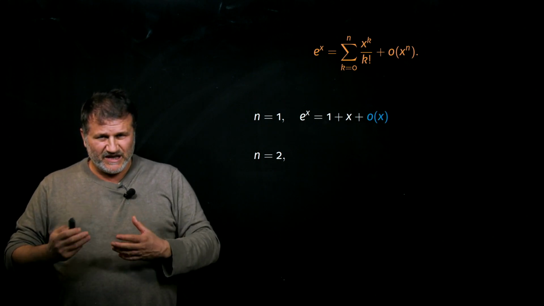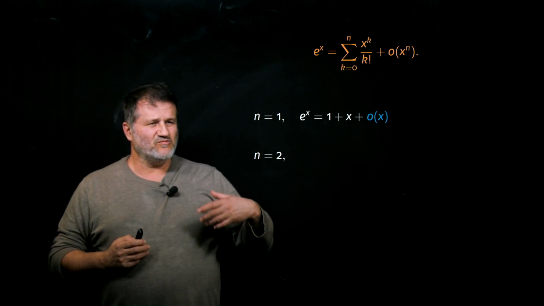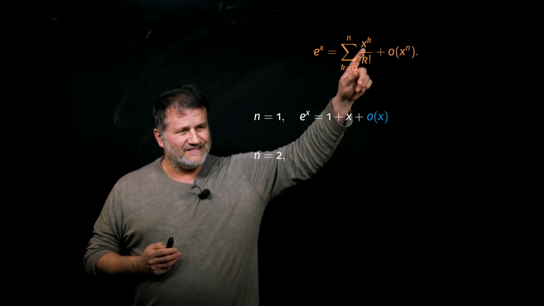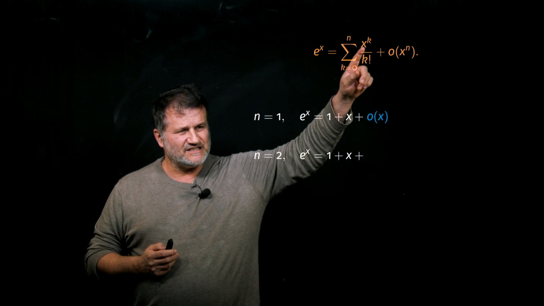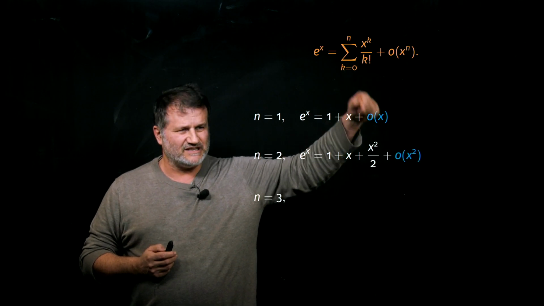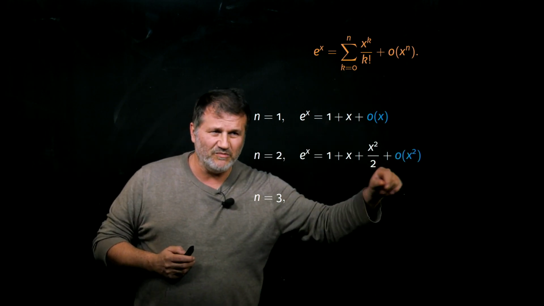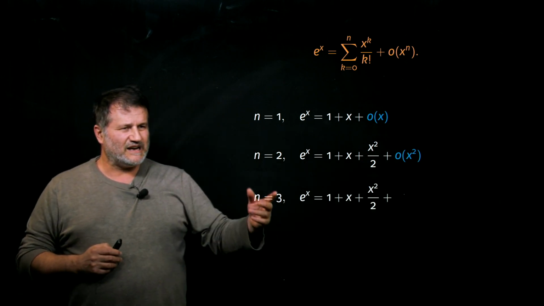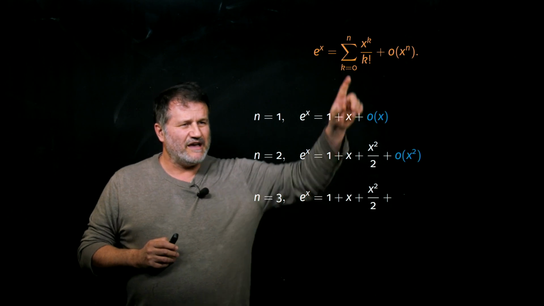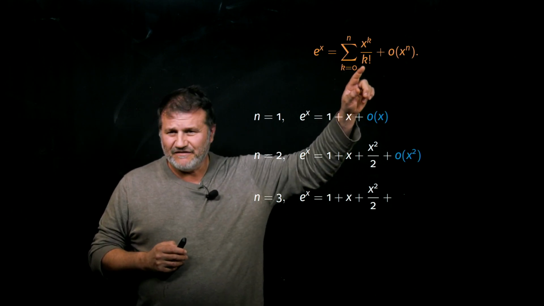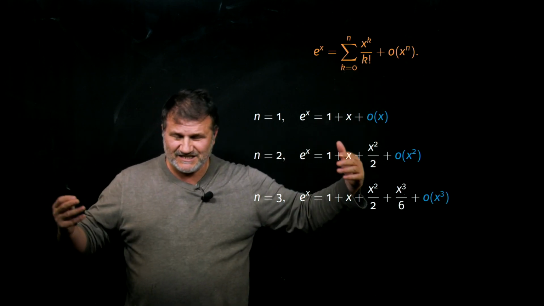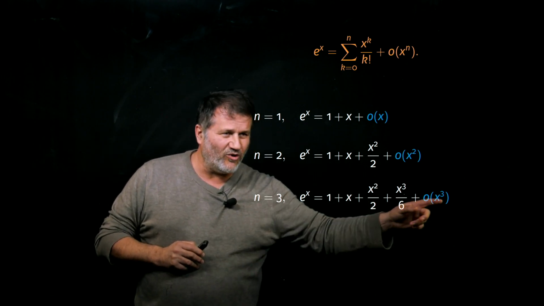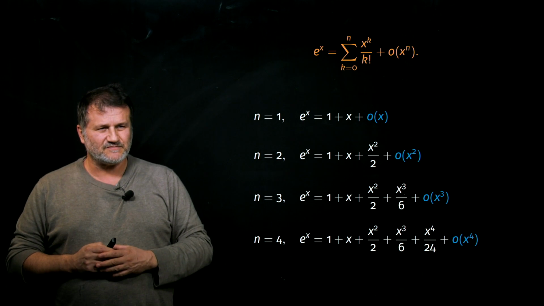If we want to have a better approximation, we add a term, this second degree term, so we add to the previous expansion x squared divided by 2 factorial, so x squared divided by 2, plus now the little o becomes a little o of the last power, so x squared. If we want to arrive until order 3, we have to add x cubed divided by 3 factorial, which is x cubed divided by 6, and now the little o becomes even smaller, o of x cubed, and so on.